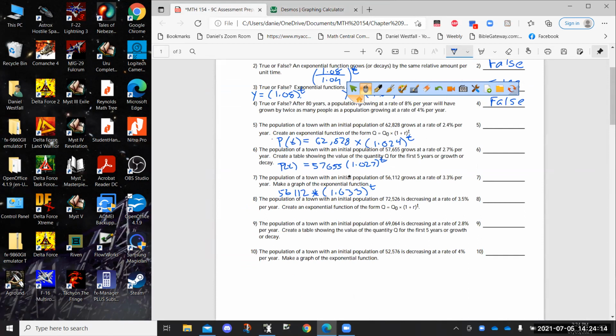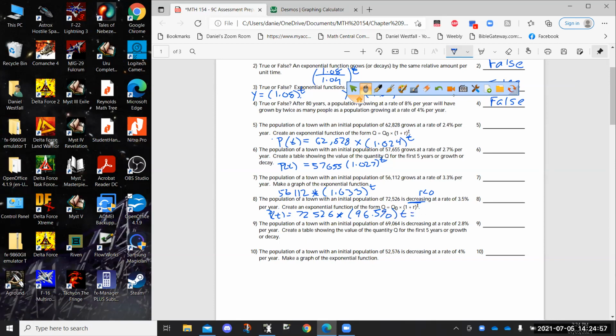Now we're going to talk about what to do with a percent decrease instead. It's decreasing. So that means r is going to be negative. Okay, so what that means to me. So we start off with 72,526. We need to multiply it times, and now we're going to take that 100% and subtract 3.5% from it. So that's going to give us 96.5%.